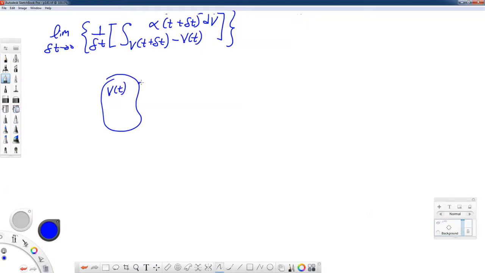And somewhere on here is a unit normal. And there's maybe some velocity. Call that u, changing notation because we're using a different book. And then this volume is expanding. Okay, so maybe this is the volume at time t plus delta t.